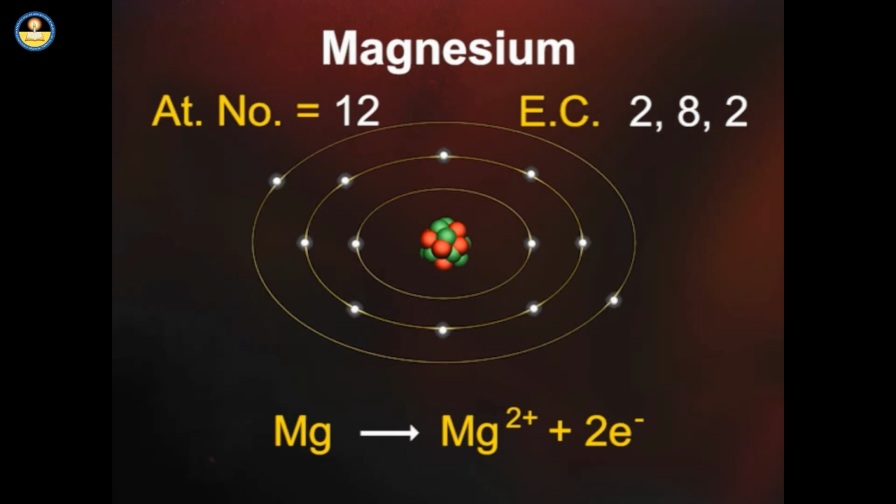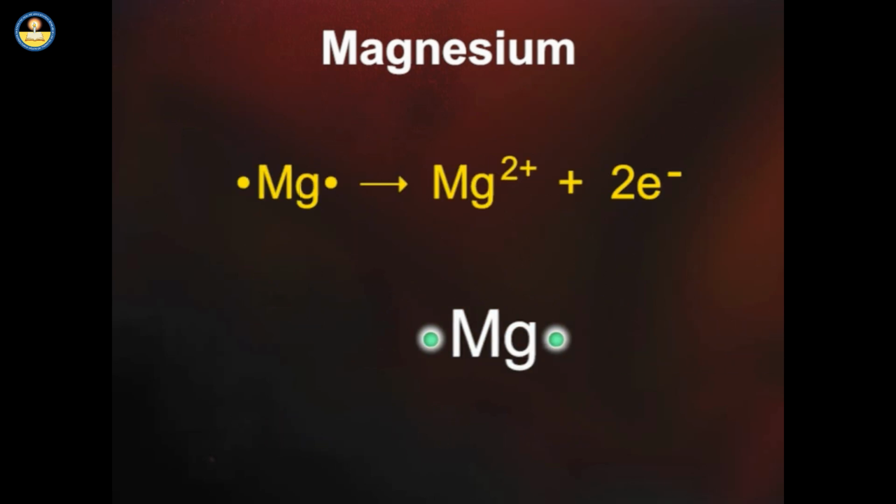Electronic configuration is 2,8,2. Lewis represented the process as shown on screen. Magnesium loses 2 electrons to form magnesium 2+ ion. Here, the 2 dots represent the outermost electrons.